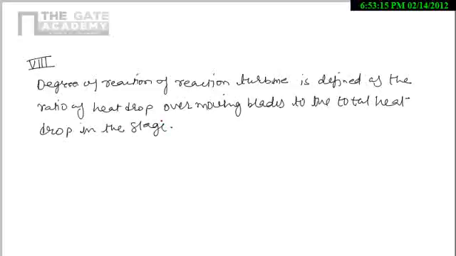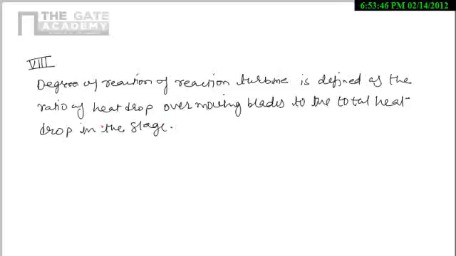The degree of reaction is basically defined for reaction turbines only, because in an impulse turbine there is no enthalpy or heat drop in moving blades. So the degree of reaction for an impulse turbine will be 0. For a reaction turbine it is the ratio of enthalpy drop over the moving blades to the total enthalpy drop.